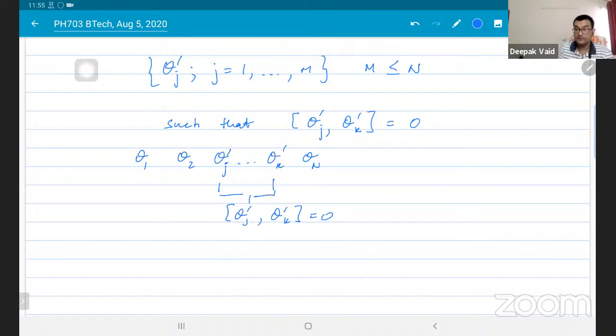Then you pick all such pairs, such that this is true for all j and k in that set.